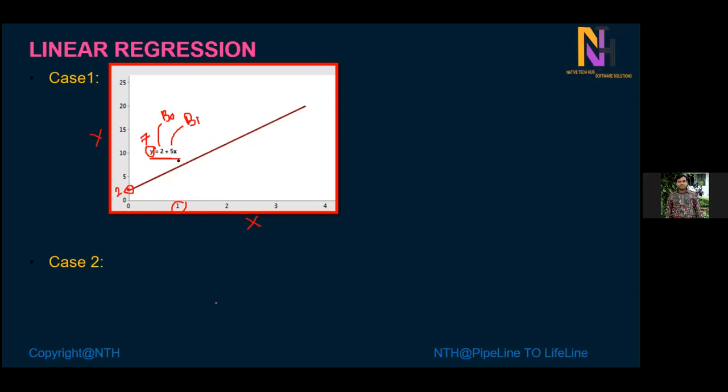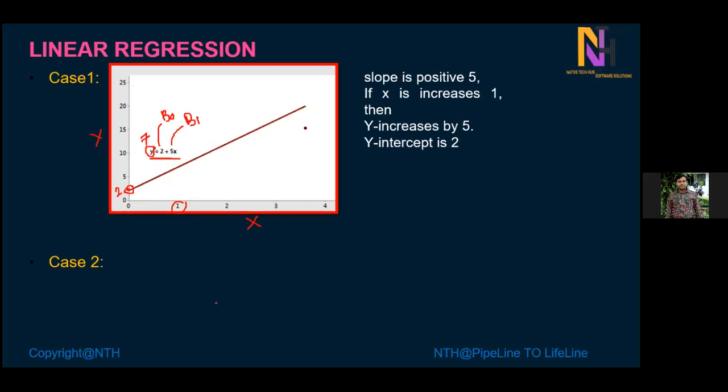Okay, this is one case. In this case, you have to understand the slope is positive, meaning if x increases by 1, then y will increase by 5, where the y intercept is 2.